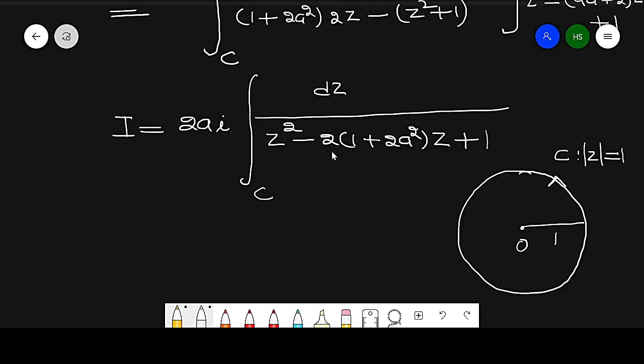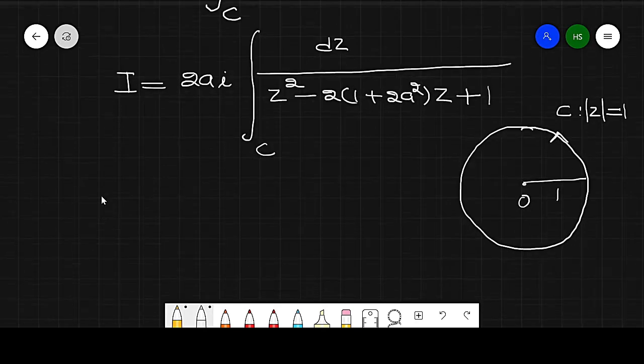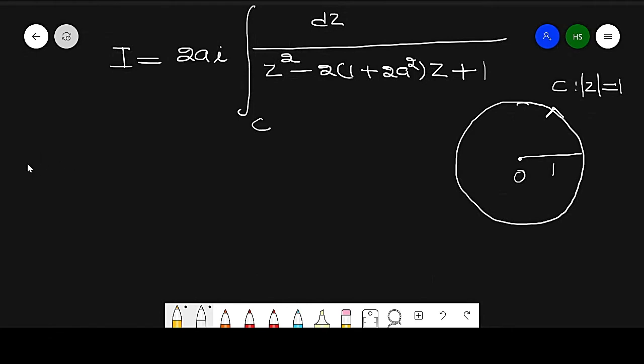Now it is a quadratic equation, it has two roots. So here we can apply the residue theorem. I integration is equal to 2a iota integration over c of phi of z into dz. What is phi of z?